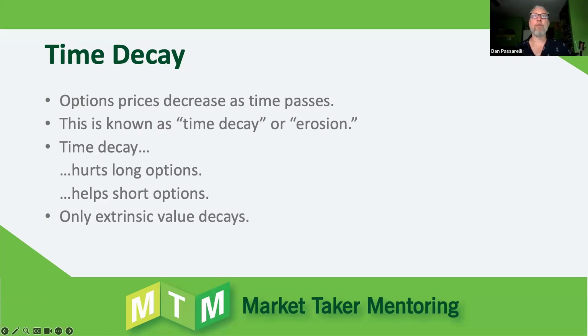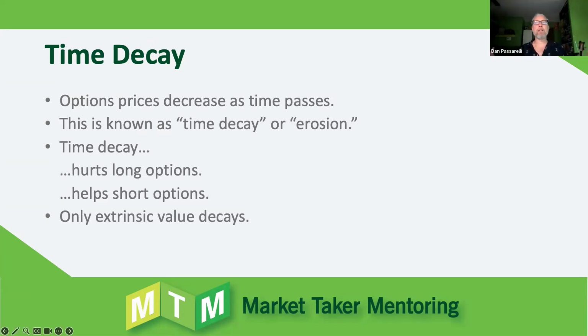So, intuitively, if I own anything, I don't want it to become worth less, right? If I own an option and there's a component of its price that decays in value, intuitively that hurts me. But if I'm short something, I want it to become worth less. I want it to decay in value.